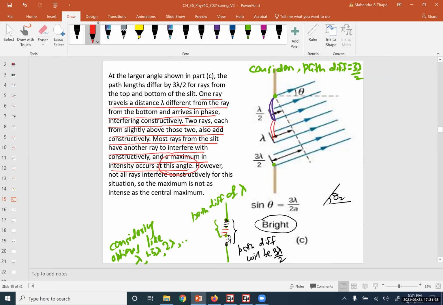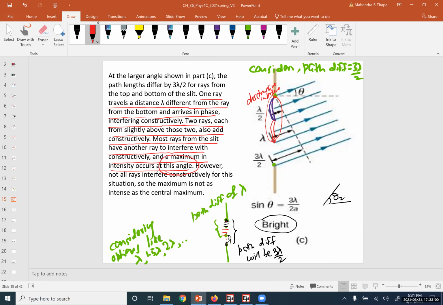So they cancel because the wave emitting from this point and the wave emitting from this point has a path difference of this value, lambda. So this region basically produces a destructive interference. That's why they will not contribute to the bright one.